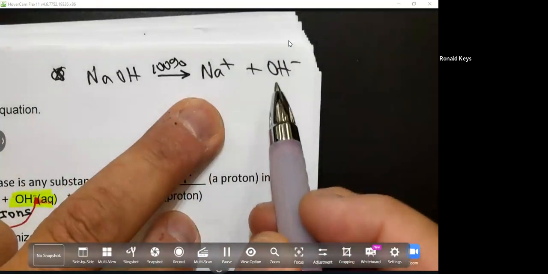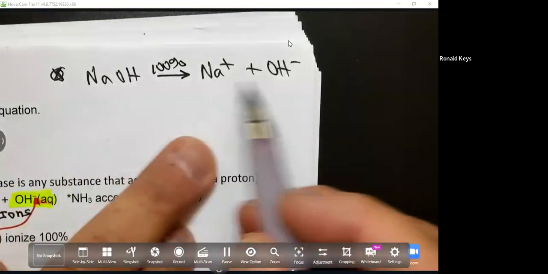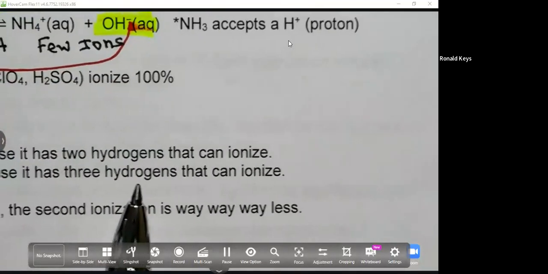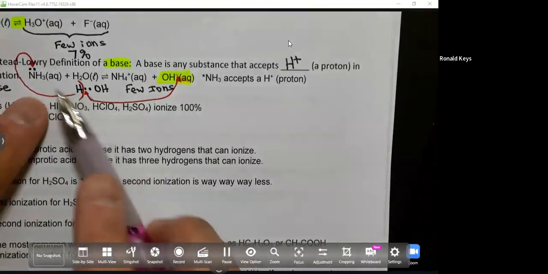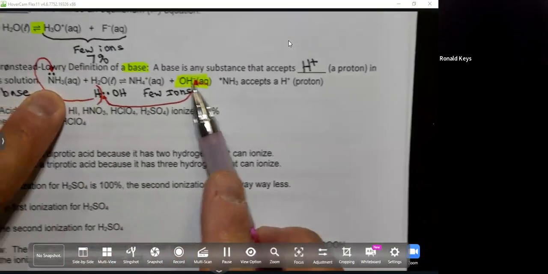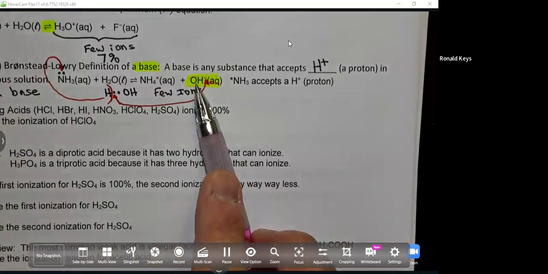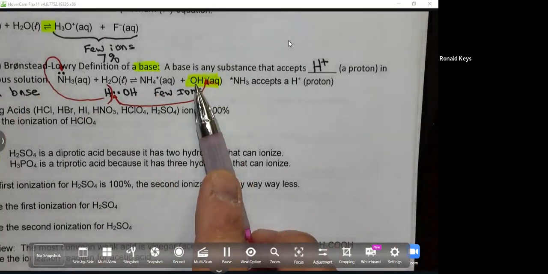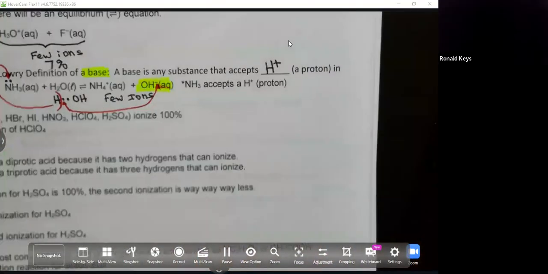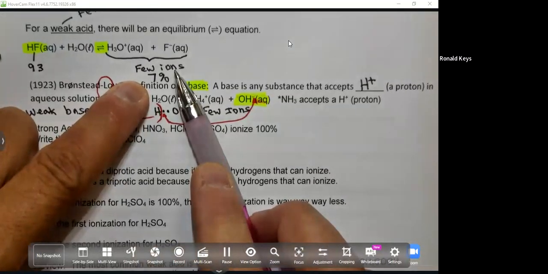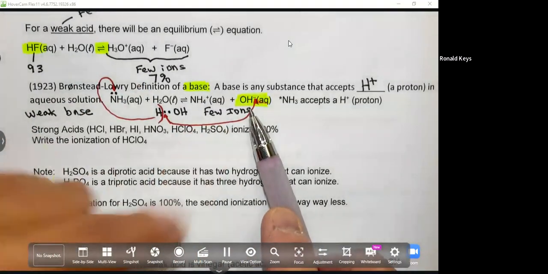You get a lot of ions, correct? This is a strong base. If you have a weak base, you actually got to have water like this. You get some OH minus. How many of these ions do you get? Just a few. Strong acid, 100% ions. Strong base, 100% ions. Weak acid, few ions. Weak base, few ions.